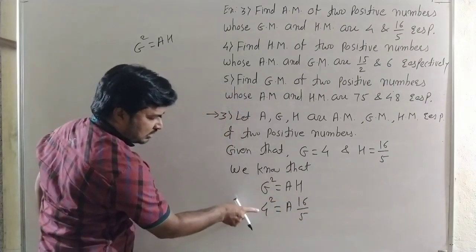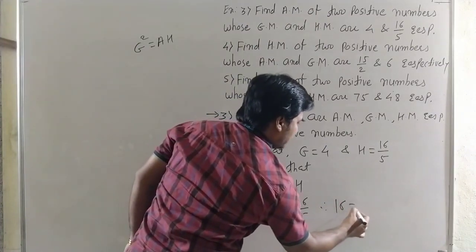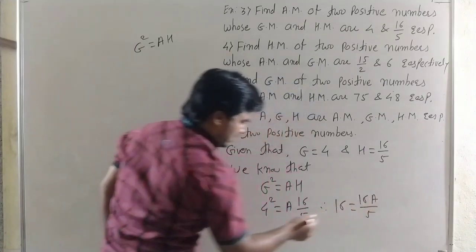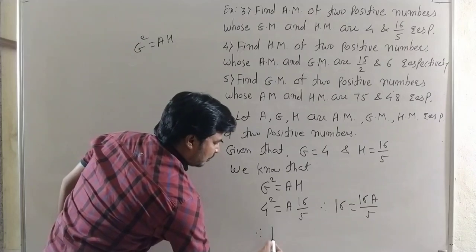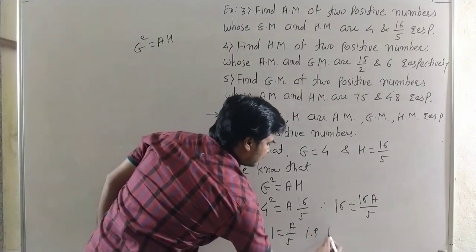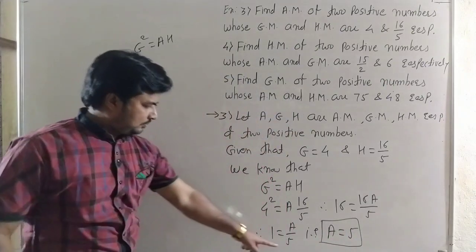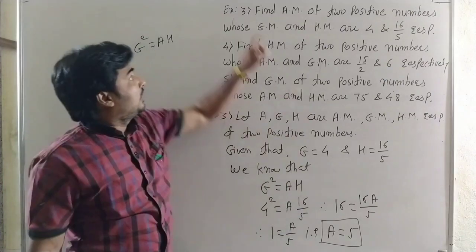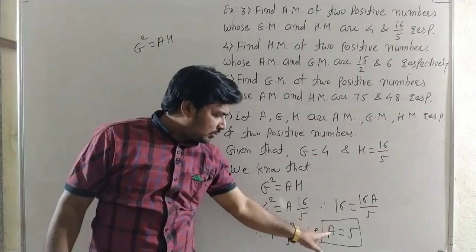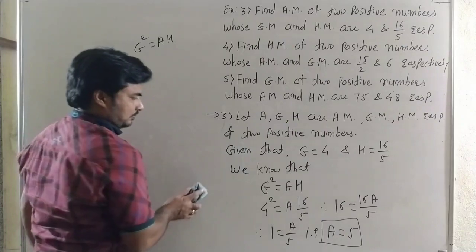Now this 4 square is 16, therefore 16 is equal to 16A upon 5. This 16 gets cancelled, we get 1 is equal to A by 5, and that is A is equal to 5. It is the arithmetic mean. Here we want to find the arithmetic mean, therefore the arithmetic mean of the two positive numbers is 5. Okay. Now we see the second example.